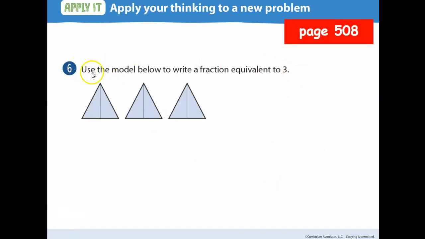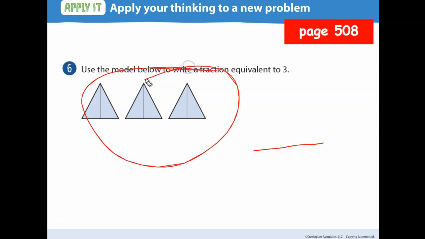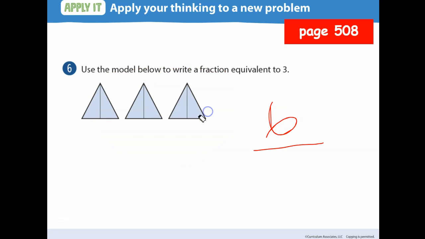It says use the model below to write a fraction that is equivalent to 3. Okay. So just like we did before, how many sections are there total? How many sections do I have total right here, guys? 6. That's my top one.